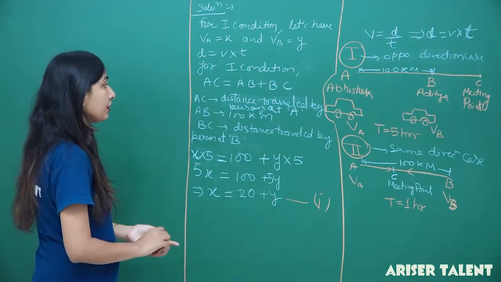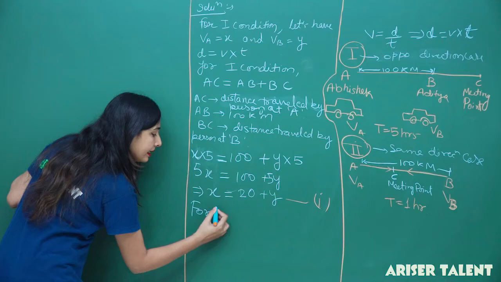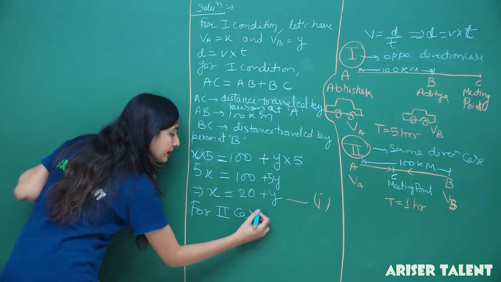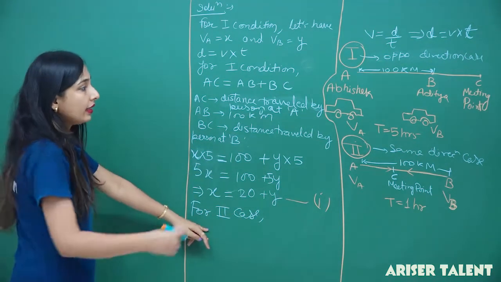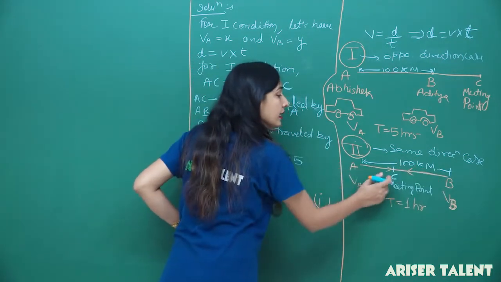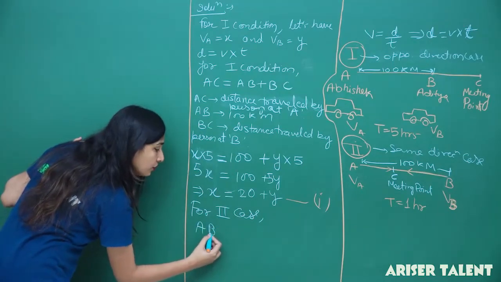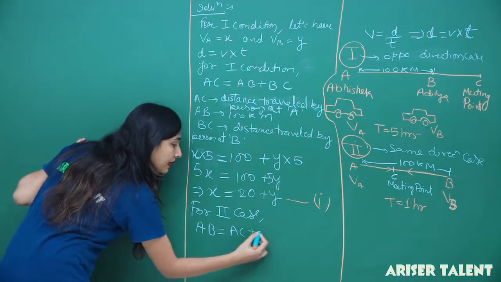Now for the second equation, in the second case. For case second, what you will find: AB equals AC plus CB.